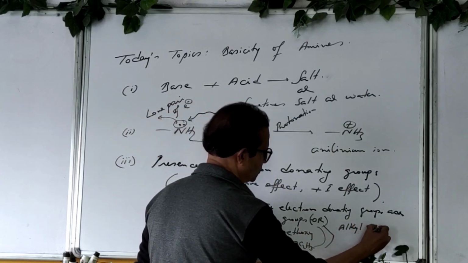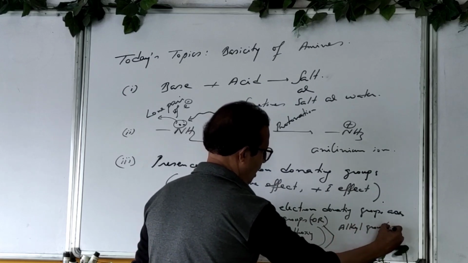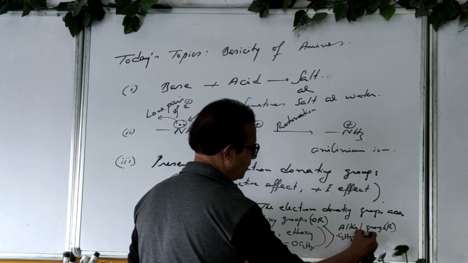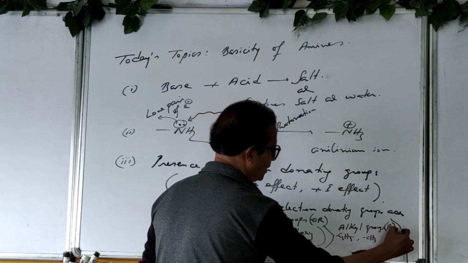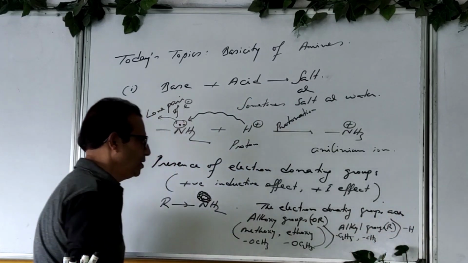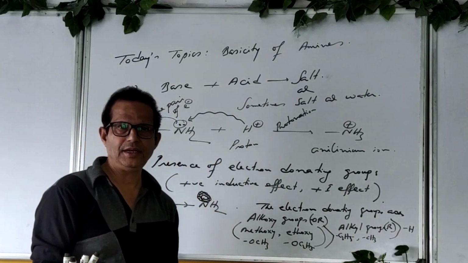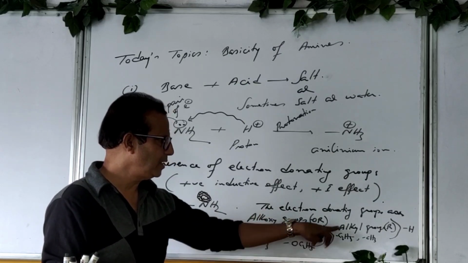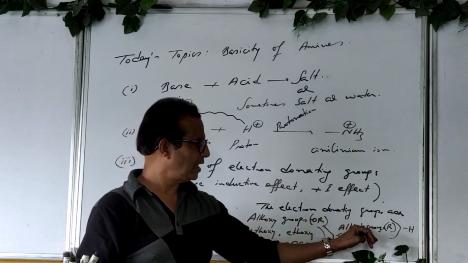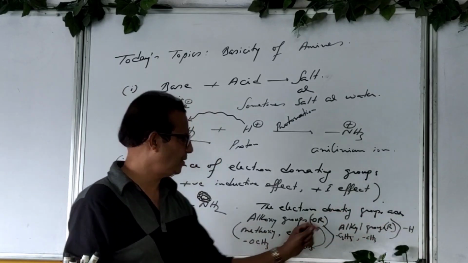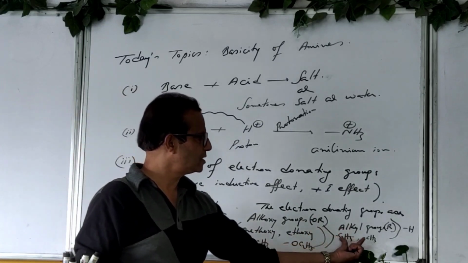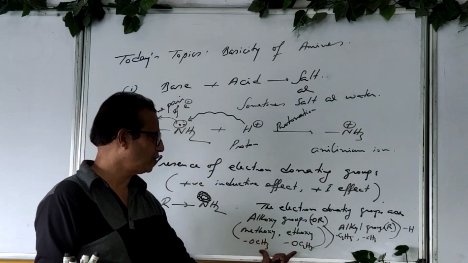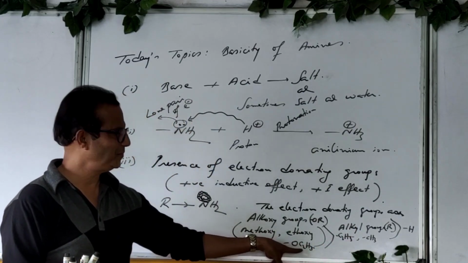Any alkyl groups, say ethyl, these are the bonds, not negative charges, methyl, etc., have greater electron donating power than hydrogen. So once again, remember, the alkoxy groups have greater electron donating power than any alkyl groups, and the alkyl groups have greater donating power than hydrogen. If we ask which one has more electron donating power, ethyl or ethoxy, obviously ethoxy.